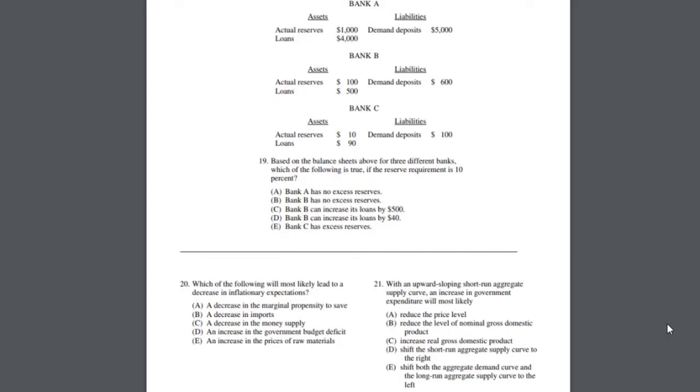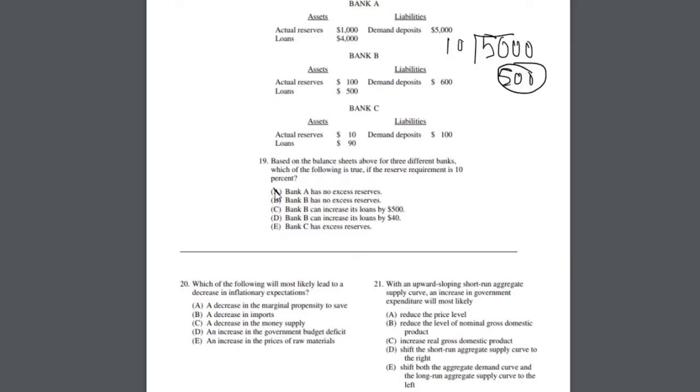Well, if the reserve requirement is 10% of 5,000, we just divide 5,000 by 10. They have to hold 500. That's your required reserves. So we know that there is actually excess reserves in Bank A because their actual reserves are 1,000. So they have $500 of excess reserves in there.